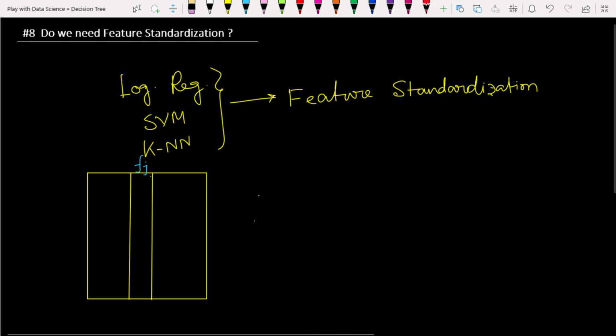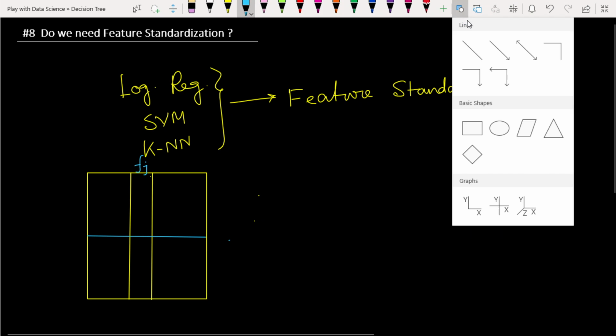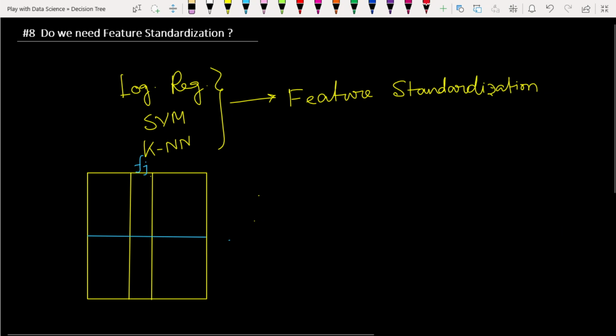For the data point xi and the corresponding feature fj, its data value is xij.